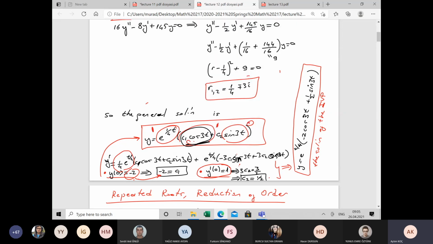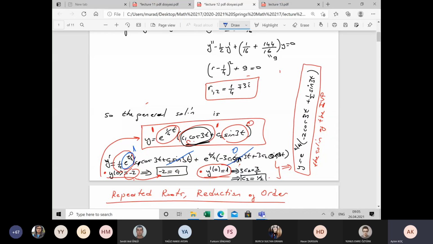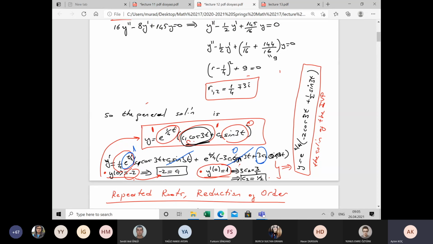T is 0, and this one is 1. T is 0, C1 cosine 3t, and this one gives sine 0. This one is 0. This one gives 3t. It's okay.